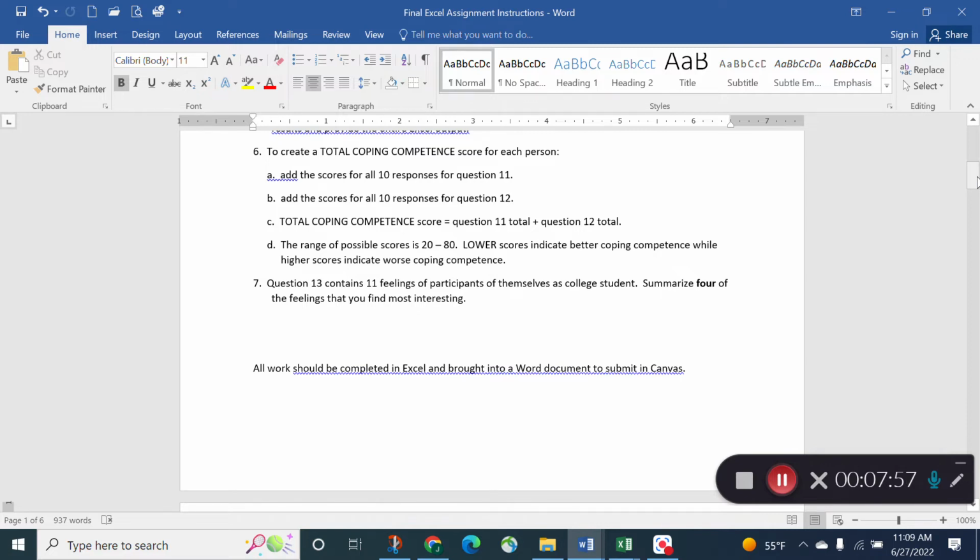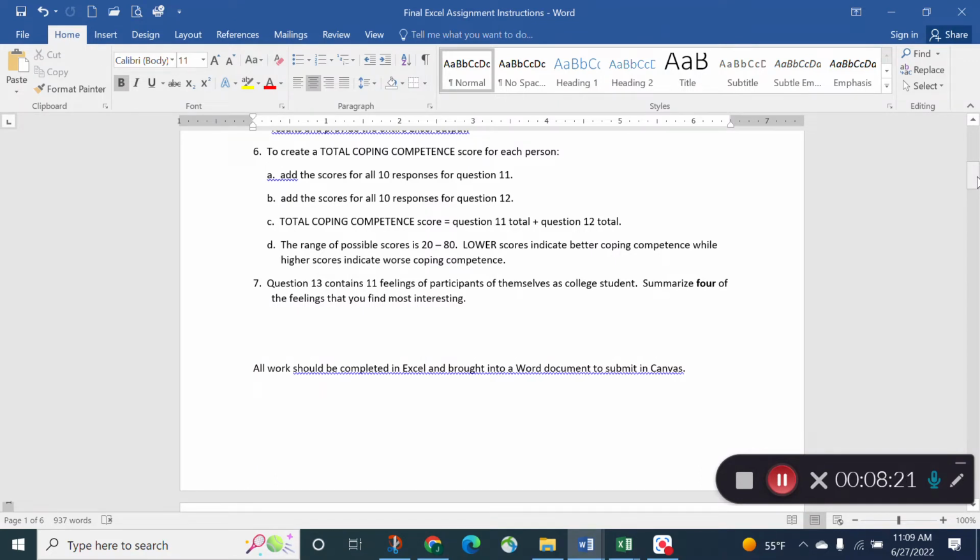The range of possible total competence scores is 20 to 80. And the lower the score, the better the coping competence someone has. The higher the score, the worse their coping competence is. So if you think about how we're creating this total competence, there's 10 questions for question number 11.